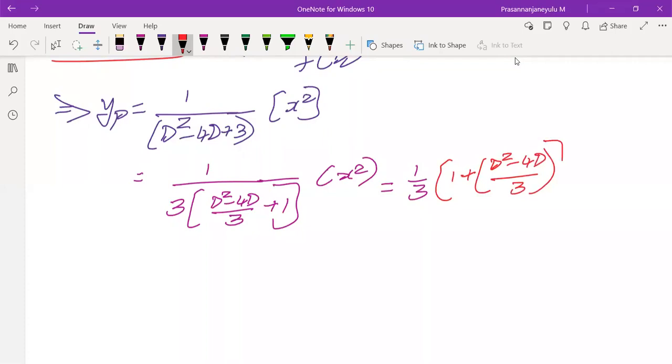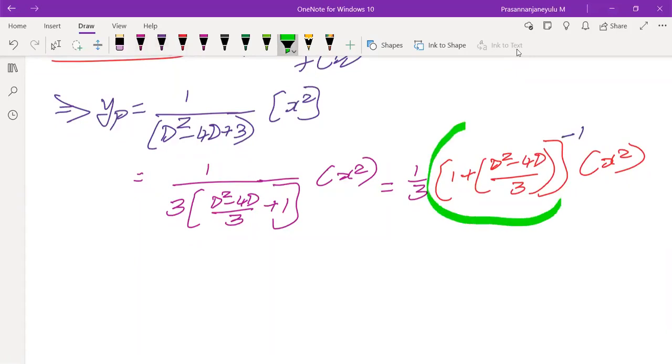Now how does it look? It is a function in terms of D, like phi of D, in the form of 1 plus phi of D. But we are taking it to the numerator, because of that we are going to get whole power minus 1.